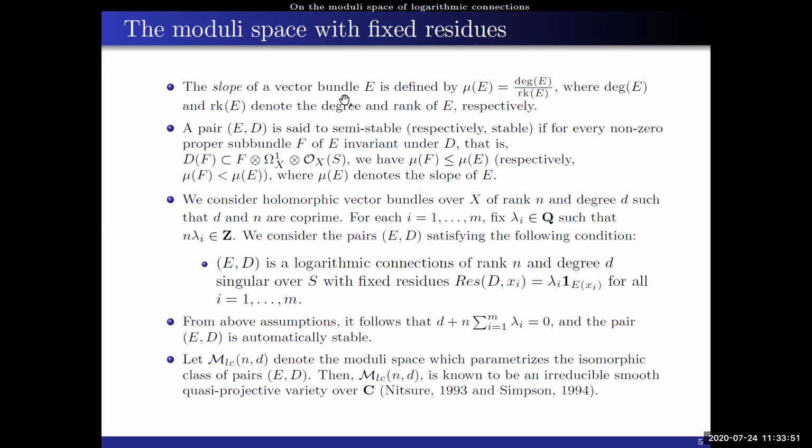As we know, for stable vector bundles it is true for every non-zero proper subbundle, but for logarithmic connections it has to be satisfied only for those proper subbundles which are invariant under D.